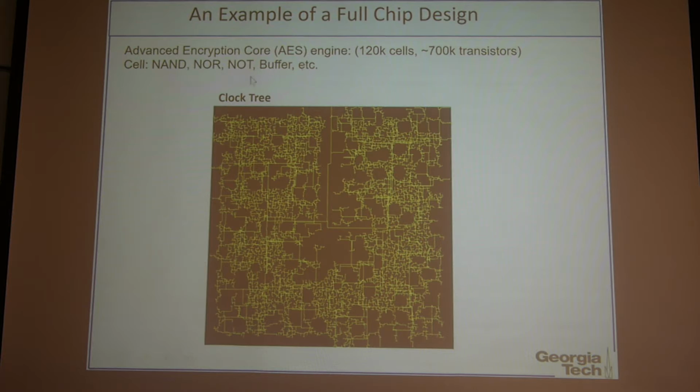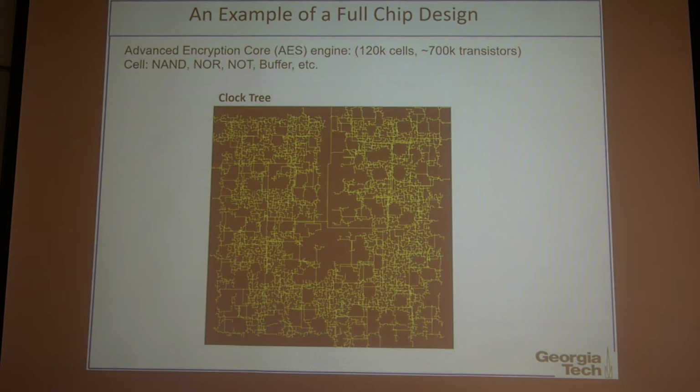So this particular chip is for this AES encryption engine. So AES is one standard method for encryption. So for example, your password is encrypted by AES before you send it over the Wi-Fi, right? So you need to encrypt. So then you need some circuit to do this encryption. And in this encryption engine, actually it's a large circuit.